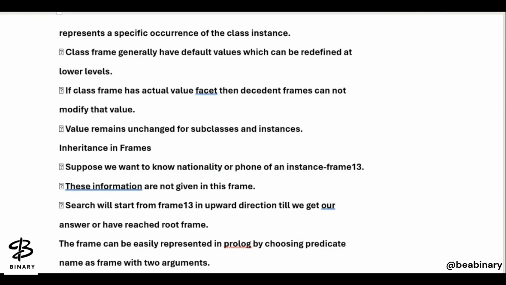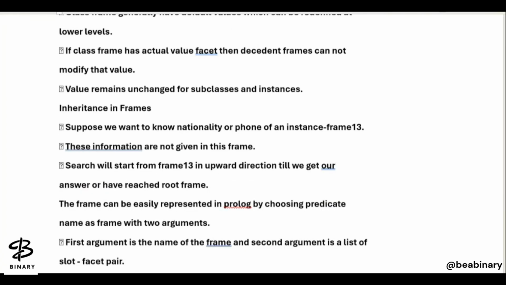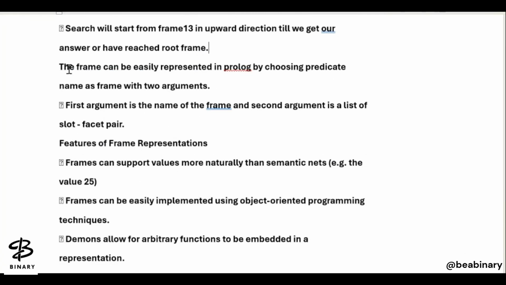Here we are talking about the parent node. Another frame can be easily represented in Prolog by choosing the predicate name as frame with two arguments. The first argument is the name of the frame and the second argument is the list of slot and fact pairs.